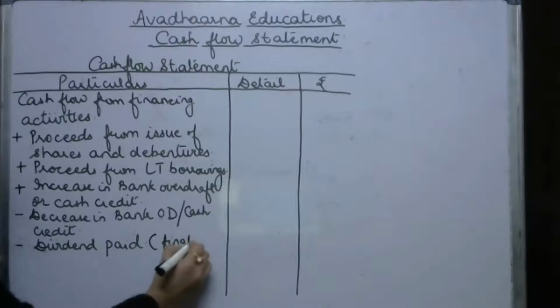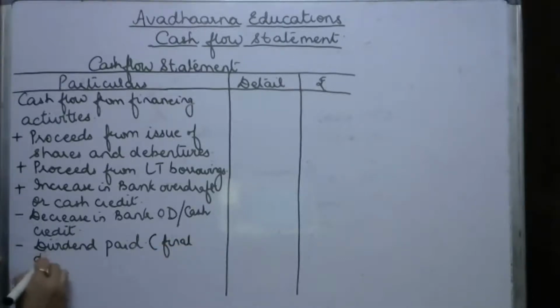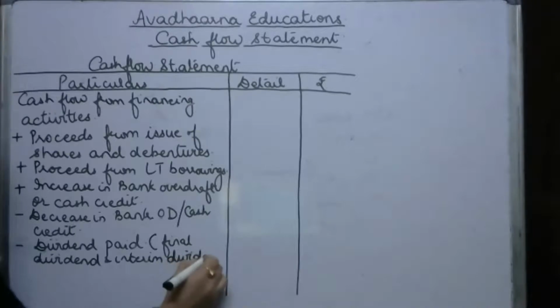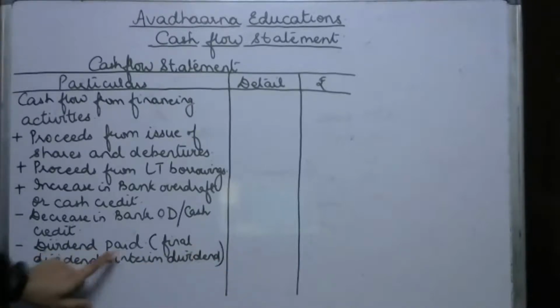Final dividend which is paid annually after the approval of the shareholders, and interim dividend which is paid during the year. It is declared and paid during the year by the company. So dividend paid to the equity shareholders, to preference shareholders, both final and interim, it is going to result into cash outflow from financing activity.